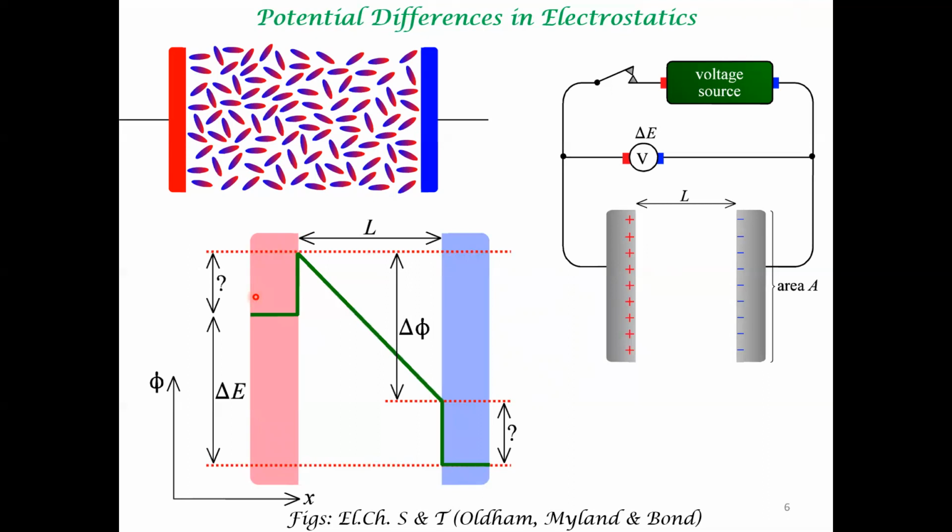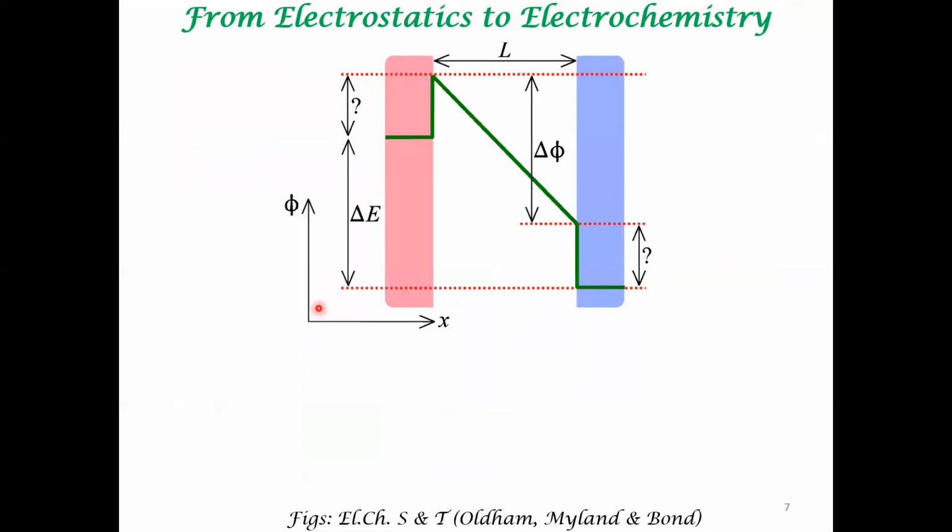Okay, so this potential jump is associated with the interfacial structure. The counter ions present on the ionic conductor side give rise to this potential jump. Associated with this potential jump, there is current flow in the ionic conductor.